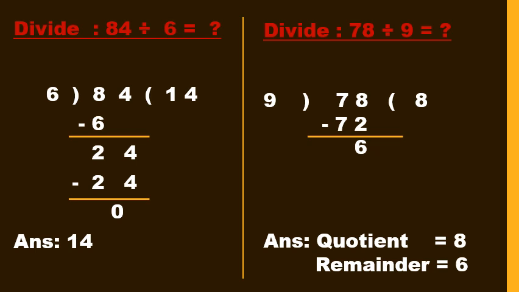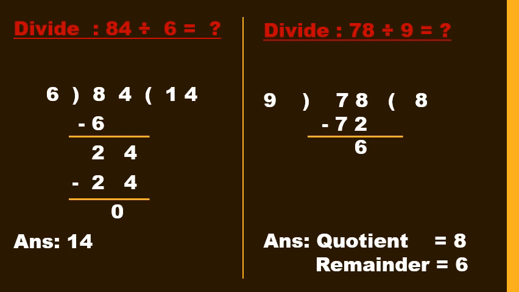Likewise, we need to do this sum also. Divide 78 by 9. 78 means 7 tens and 8 ones. As we can see that 7 is lesser than 9, we need to take both the numbers, so 78 together.